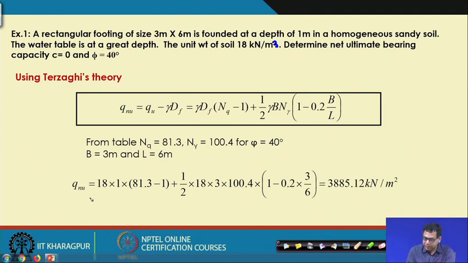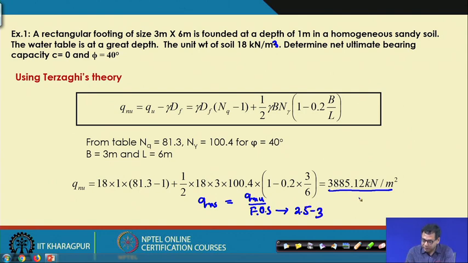So the net ultimate bearing capacity will be 3885.12 kilonewton per meter square. If I want the safe net bearing capacity, then you have to divide the net ultimate by a factor of safety, taking a value of 2.5 to 3.